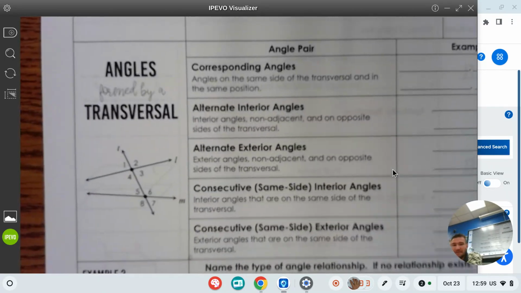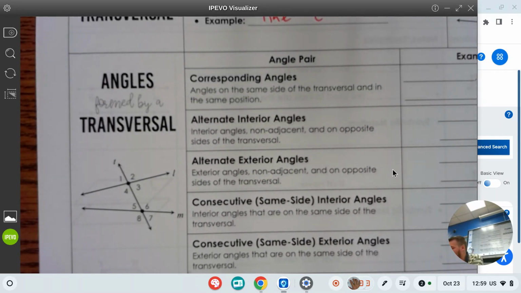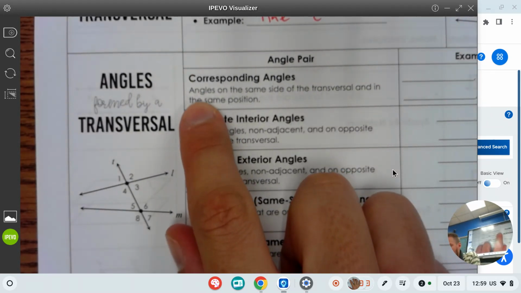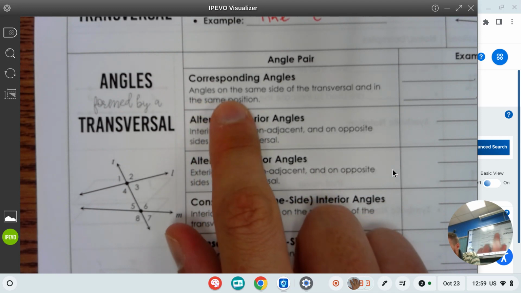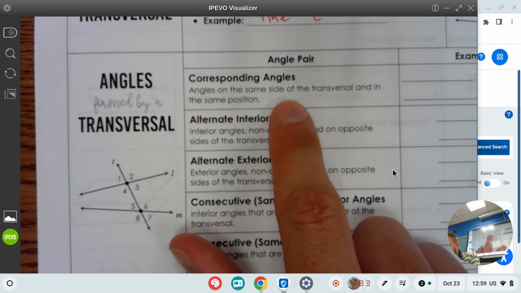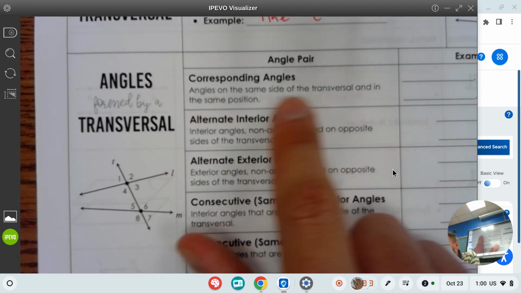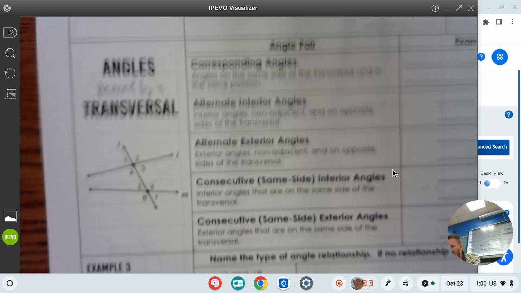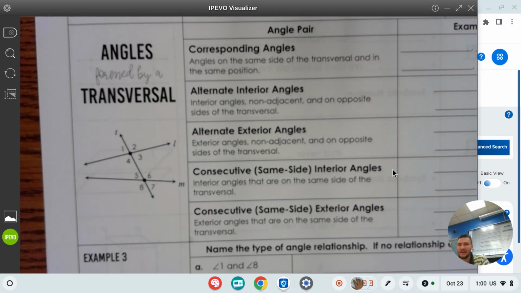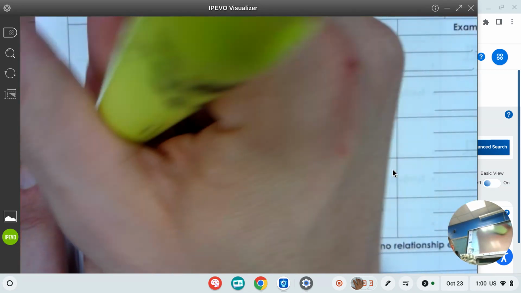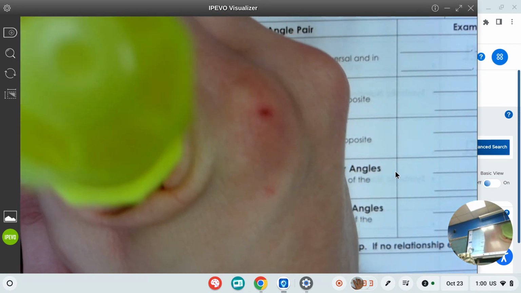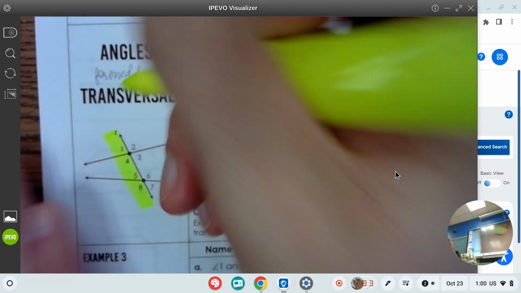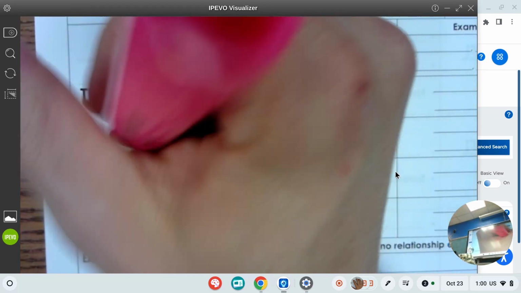Okay, the first one is corresponding angles. It says angles on the same side of the transversal and in the same position. One thing you want to think about when you think about this transversal and these two angles is that there becomes a little bit of a divide here.